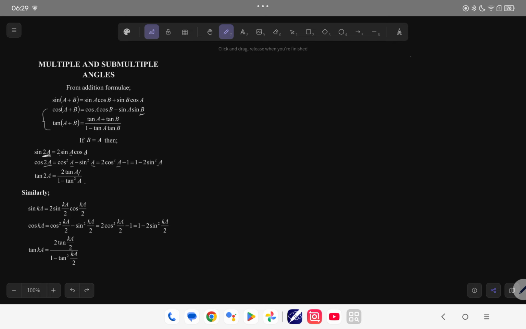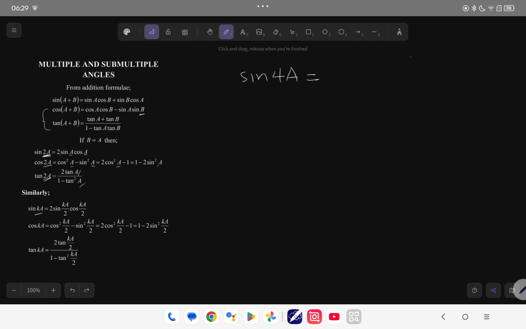Remember that the A is half of what is on the left, which means if we bring in a general coefficient K, for example, if I say sin 4A, now my K is 4. Whatever is on the left must be halved to give what is on the right.